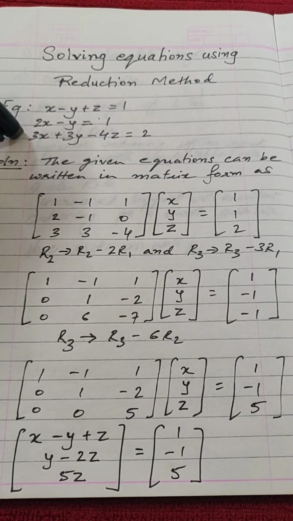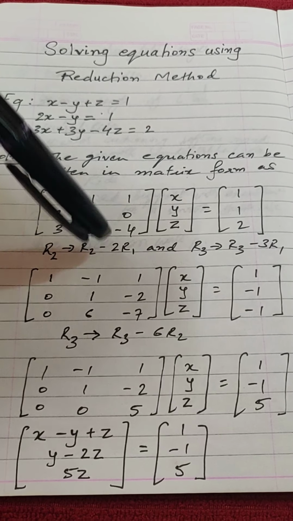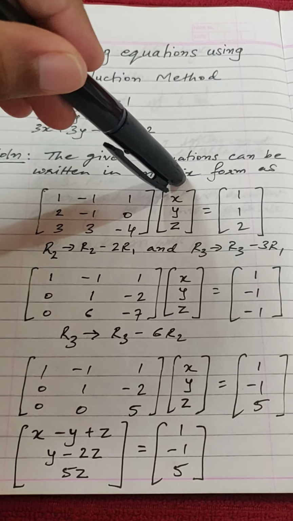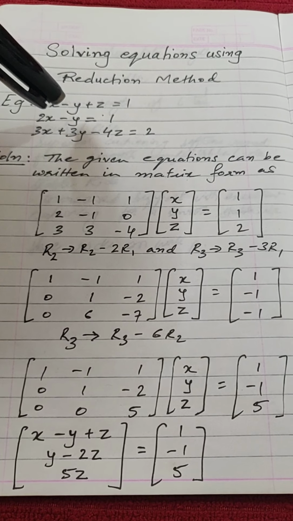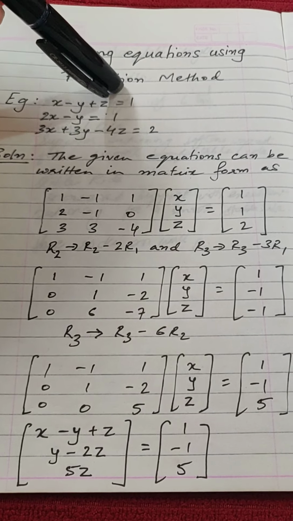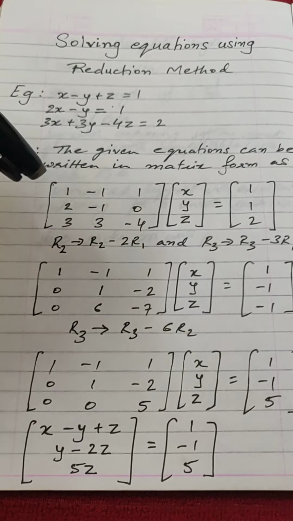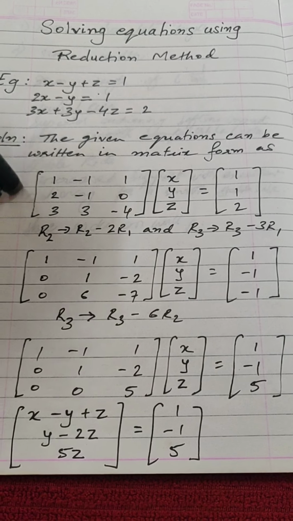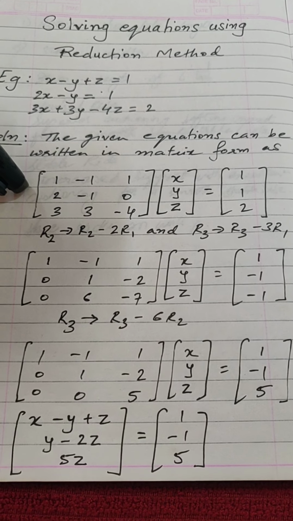And then the third equation is obviously very easy, 3, 3 and minus 4. Then of course x, y, z are the variables, and 1, 1 and 2 are the constants. So we have the three equations now expressed in the matrix form.